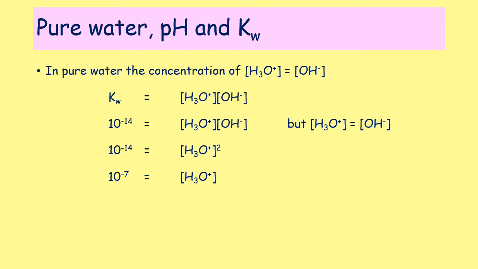And we now know a concentration of H3O plus, which means that we can calculate the pH. pH is minus the log of the concentration of H3O plus. That is minus the log of 10 to the minus 7, which is 7. So the pH, which is related to the concentration of hydronium ions, is 7 in pure water.